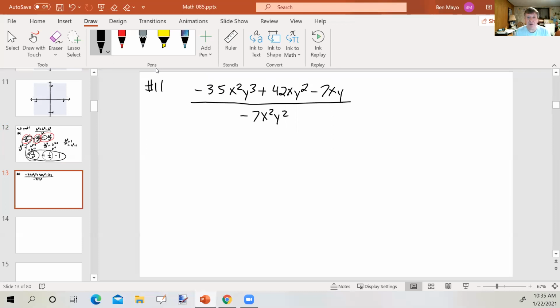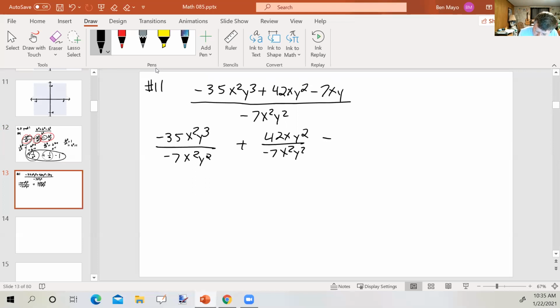So we're going to take each term in the numerator and divide it by the term in the denominator. So we're going to get -35x squared y cubed over -7x squared y squared plus 42xy squared over -7x squared y squared minus 7xy over -7x squared y squared.